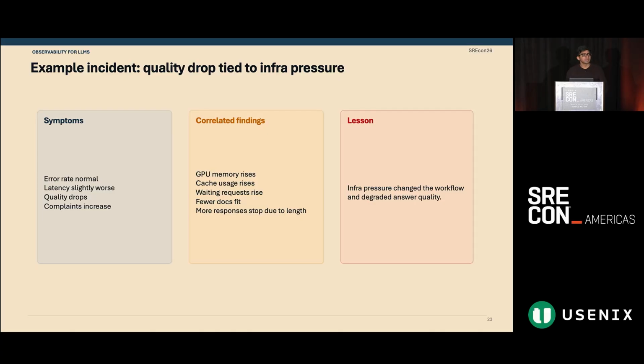So fewer documents are being fit into the requests, and more responses are being truncated. As a result, the quality score has dropped for the application. This is a very AI-specific incident. The model did not suddenly become dumb. The workflow degraded with increasing pressure.